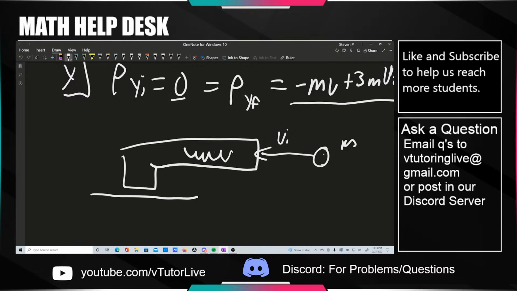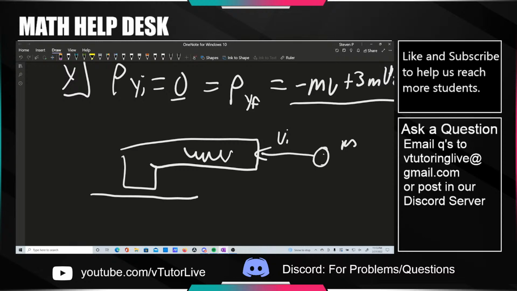One is it compresses the spring, so some of its energy is converted into the spring's potential. And two is because now this thing is going to move a little bit on the ice, which means that it sort of picks up some kinetic energy.